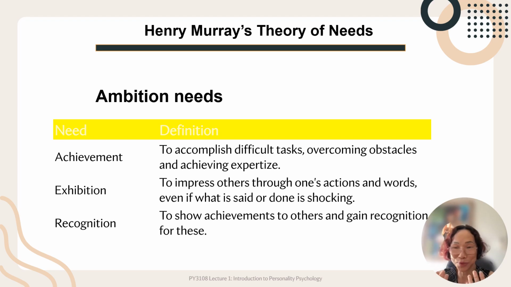We want to exhibit our competence to impress others through one's actions and words, even if what is said or done is shocking. And we need recognition as well, to show achievements to others and gain recognition for these achievements. So these are the ambition needs.